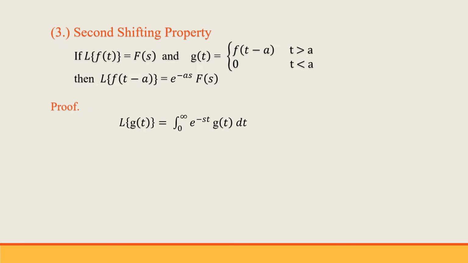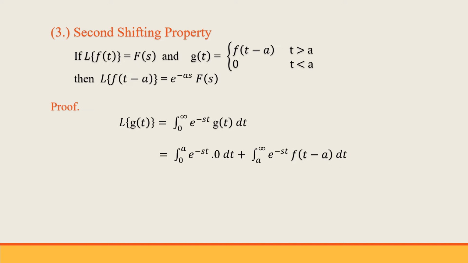So we can write the above integration as integral 0 to a e raised to the power minus st into 0 dt for 0 to a, and integral a to infinity e raised to the power minus st f(t minus a) dt for a to infinity.